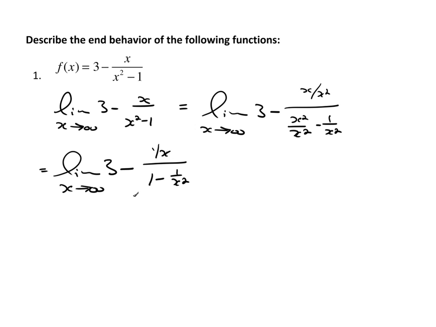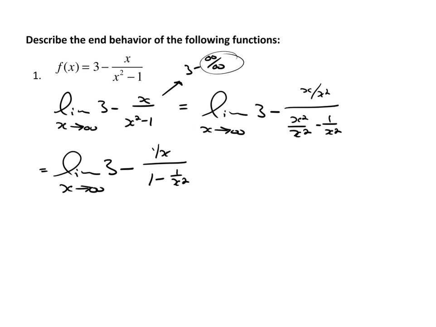Now I can take the limit. Notice before, if I simply took the limit here, this would have given me 3 minus infinity over infinity. Well, I don't know what that is. Again, this is that indeterminate form that we need to do a little bit more work on.